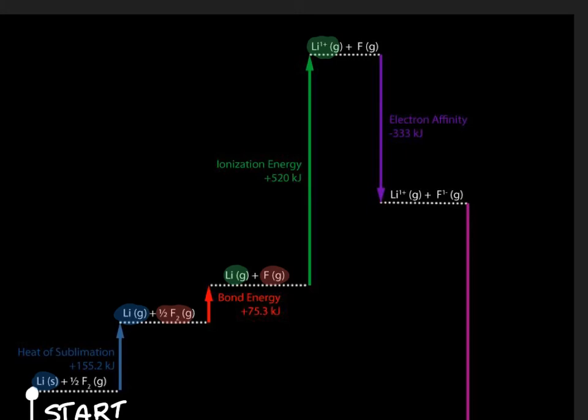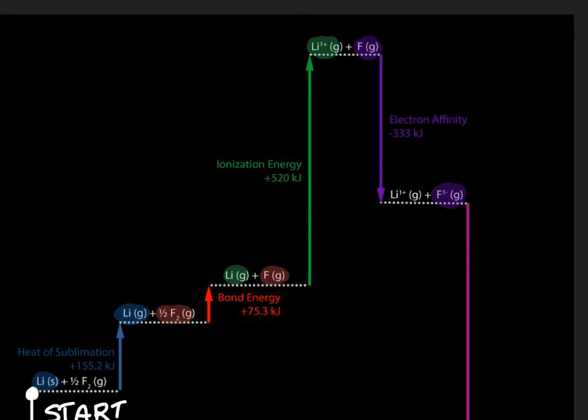For our next step, we have a drop in energy as we go through the electron affinity step for fluorine to go from fluorine gas atoms to fluoride ions in the gas phase. We're dropping down by negative 333 kilojoules per mole of fluoride ions produced.